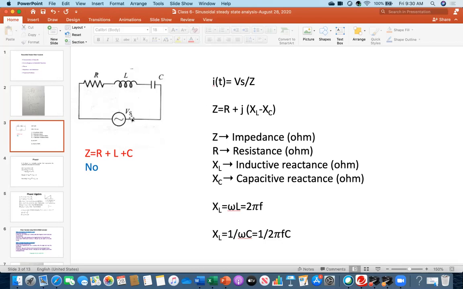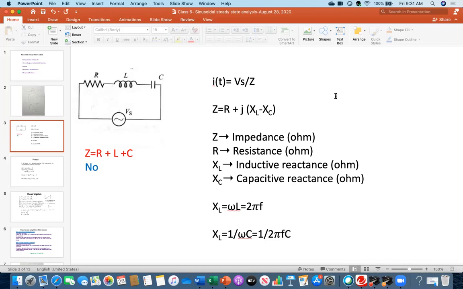Now everybody see what I have written. i(t) is Vs over capital Z. I have used this symbol, that is fine, but Z value is not just this one. Now everybody see what I have written. I have written j. Dr. Ali, yes, what is j in this case? j is like a complex operator. You remember the complex algebra or complex variable?